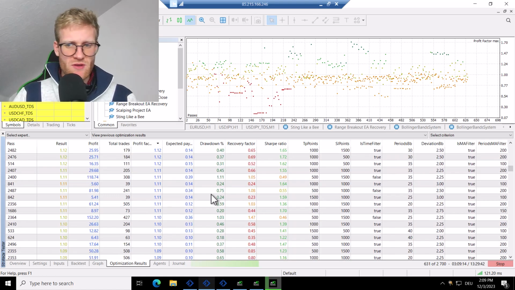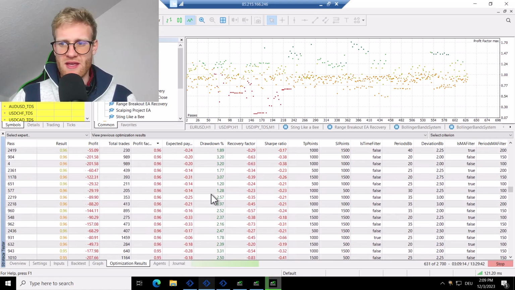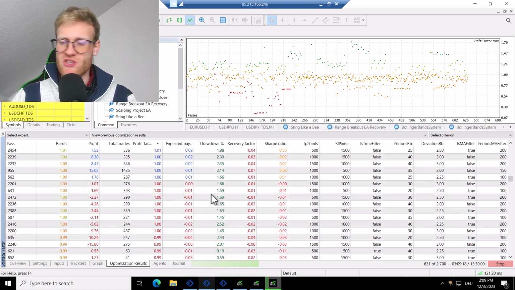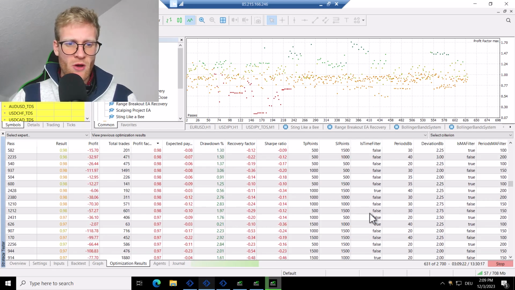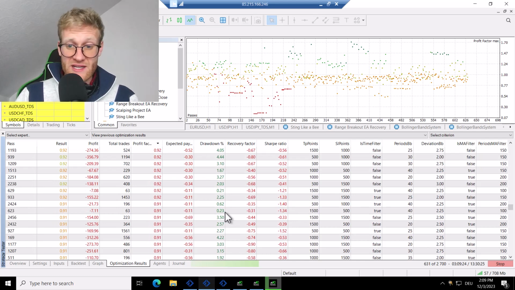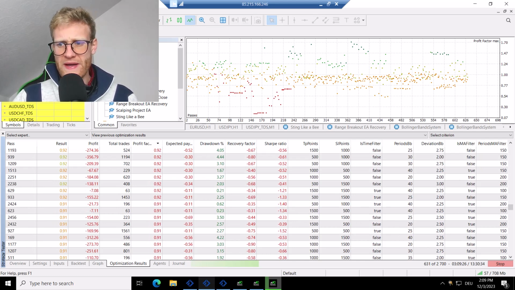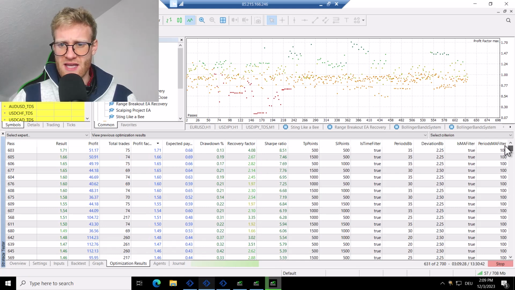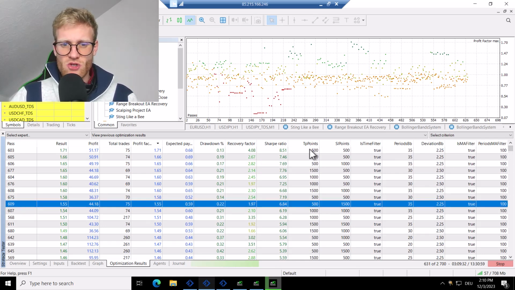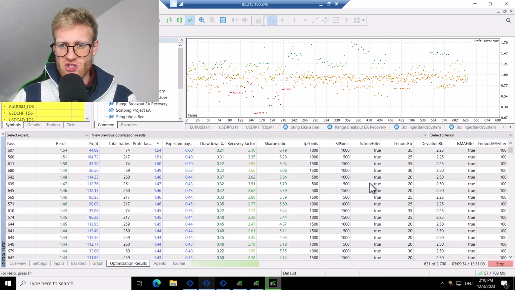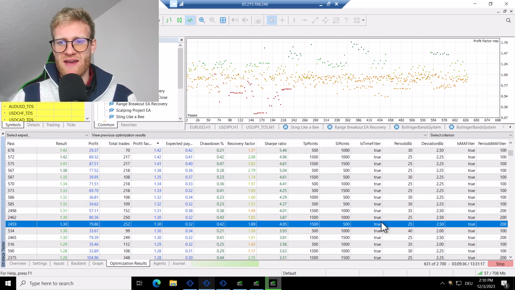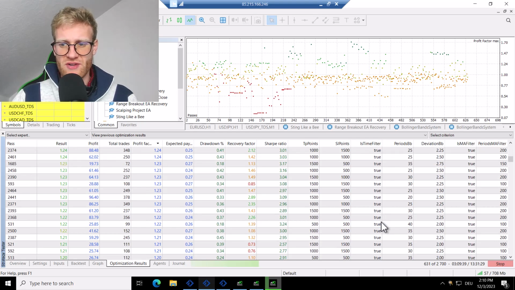And these results give me some hope that you can actually generate a profitable strategy using this Bollinger Bands indicator. Of course, we also have a lot of negative results, but I also figured out that, for example, the time filter and the moving average filter really do something good for the strategy. So all the good results kind of have the time filter and the moving average filter active.